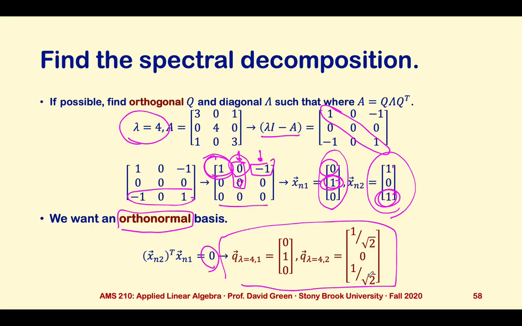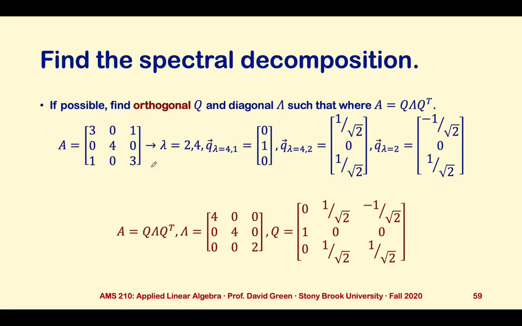Now that we've found orthonormal bases for both our eigenvalues, we're ready to put everything together. We started with our matrix A, we found our eigenvalues and our orthonormal eigenvectors.